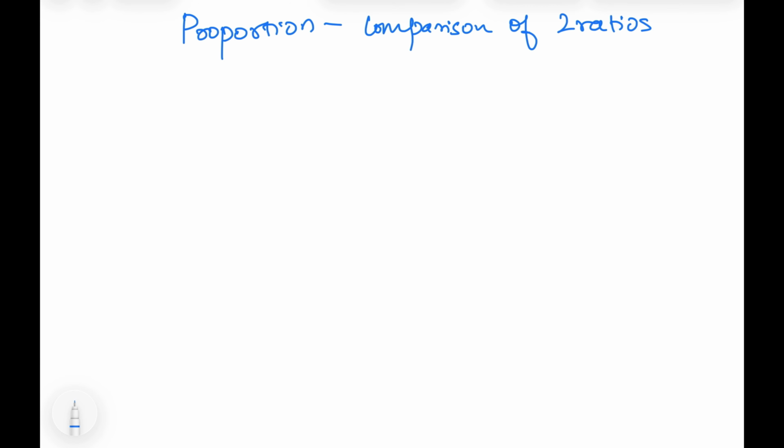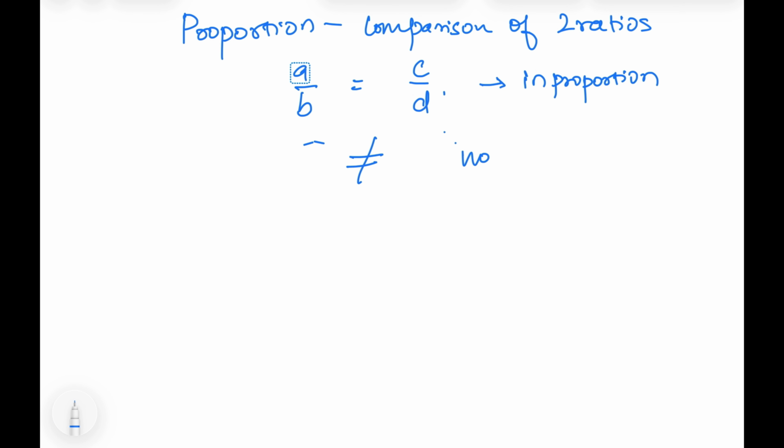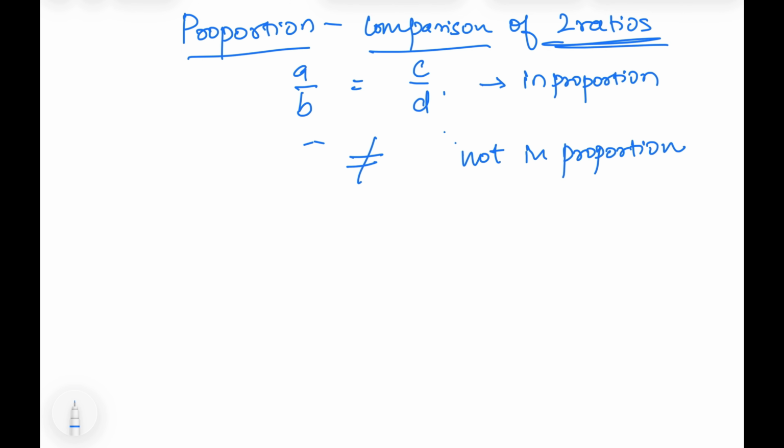So suppose there is a ratio A upon B and there is a ratio C upon D, we compare these two ratios. If the ratios are equal, they are said to be in proportion with each other, and if they are not equal, they are not in proportion with each other. So basically proportion is the comparison of two ratios.